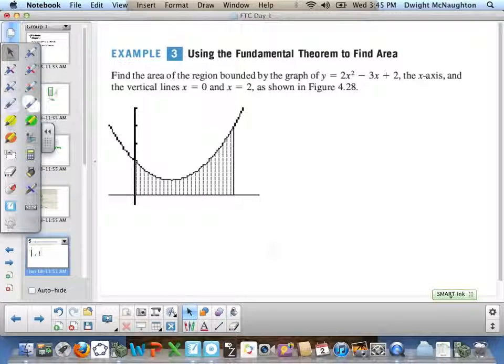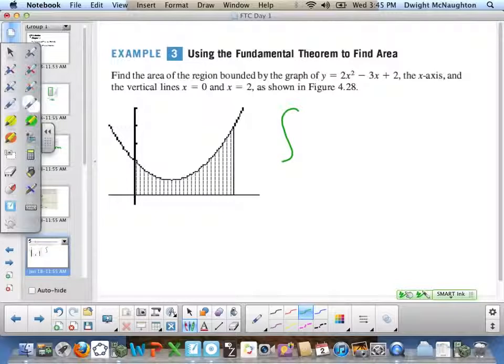Find the area of the region bounded by y equals 2x squared minus 3x plus 2 from 0 to 2. Well, first off, we can do our infinite rectangles, our definite integral from 0 to 2 of 2x squared minus 3x plus 2.